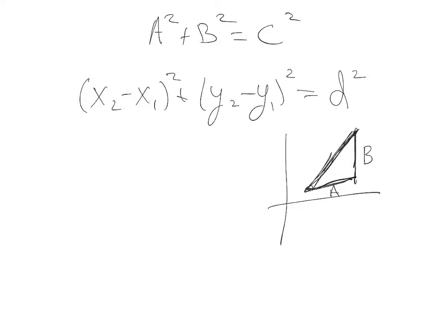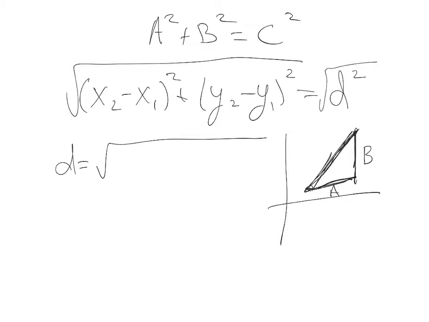I want to find the distance by itself. So then I just take the square root of both sides. And I end up with d equals the square root of (x2 minus x1) squared plus (y2 minus y1) squared. And that gives me the distance formula. And that can be used to find the distance between any two points on a coordinate plane.